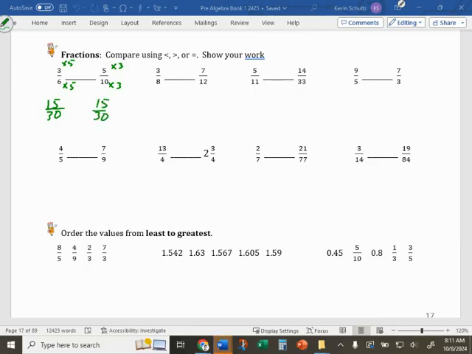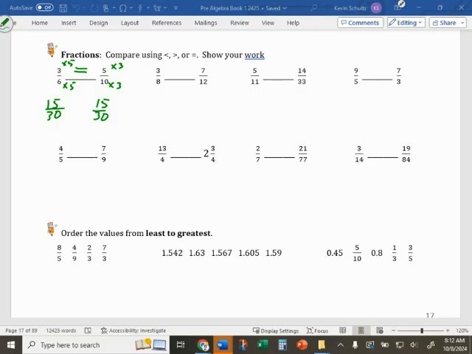Well, looky there. What's true about the fractions 3/6 and 5/10? They're equal, okay? And we got that by looking at common denominators. What's another way that we could use for these fractions, other than common denominators? What if we simplify them?